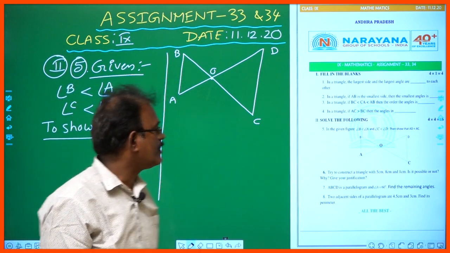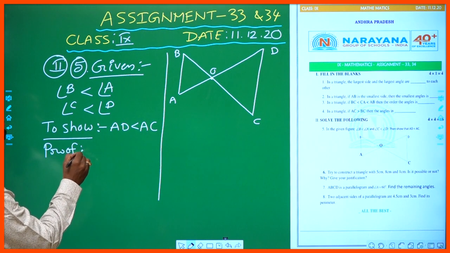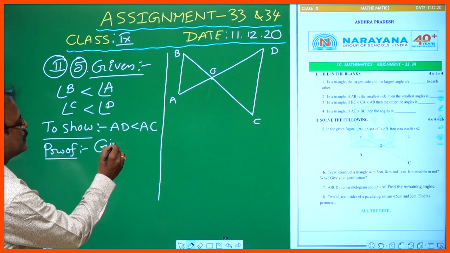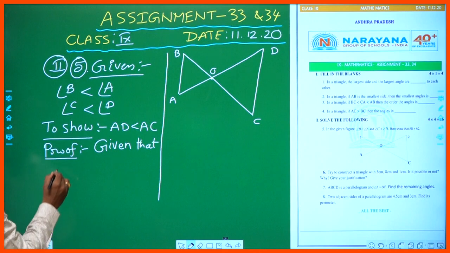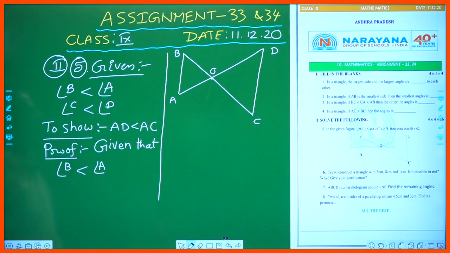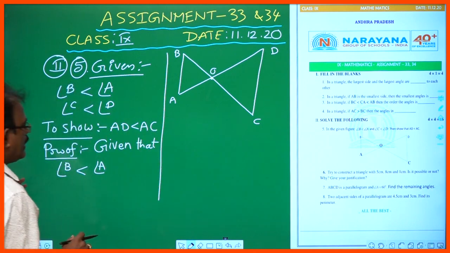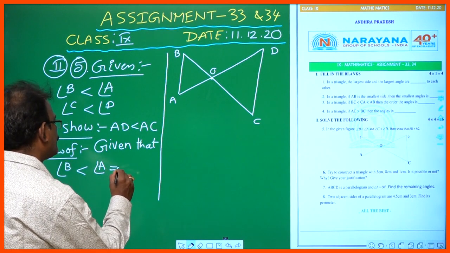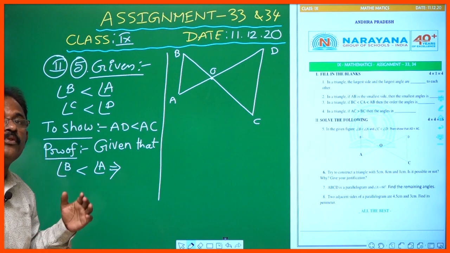Now let us observe some given information. Given that angle B less than angle A. Whenever we have angle B less than angle A, automatically, if the angles are in the same order, the sides opposite are also in the same order.